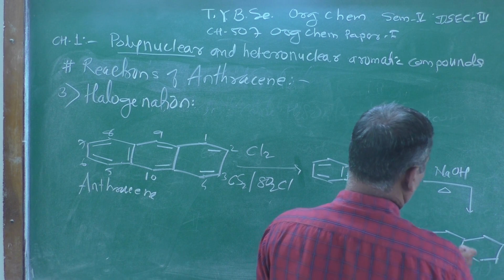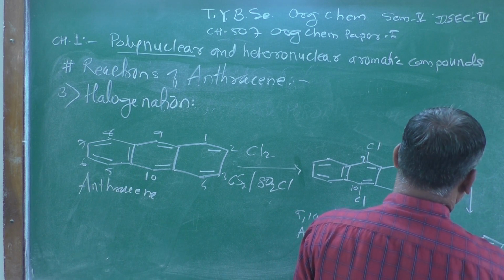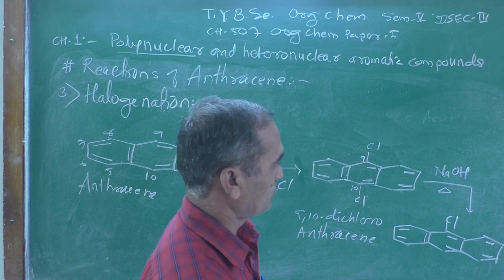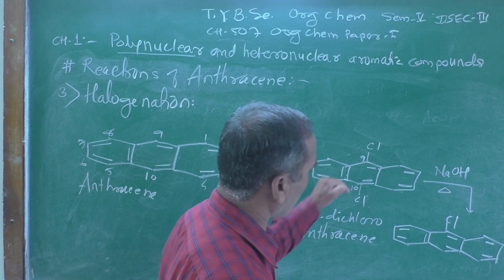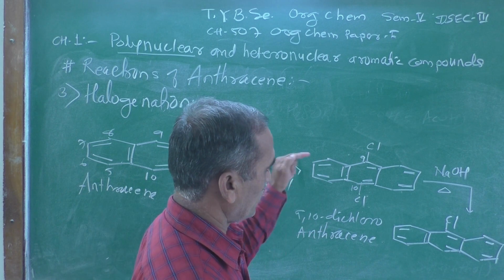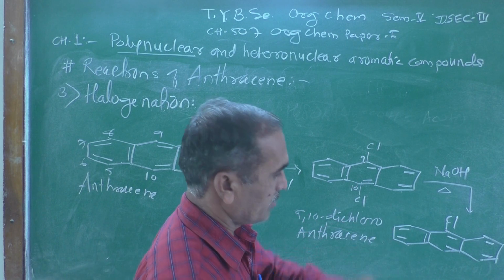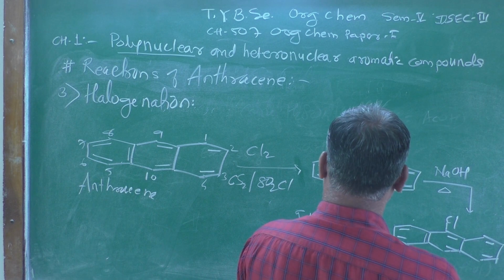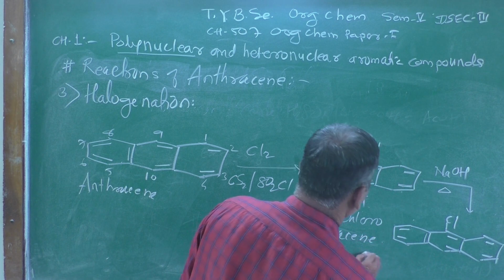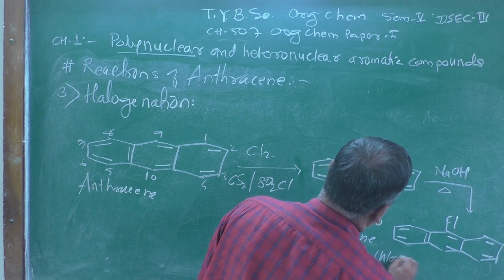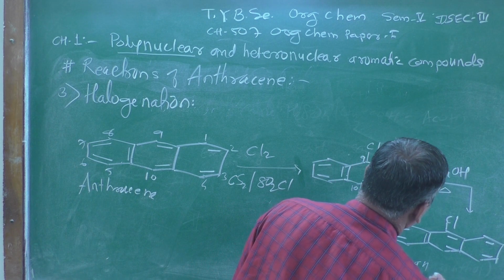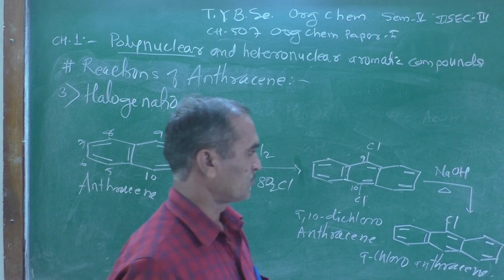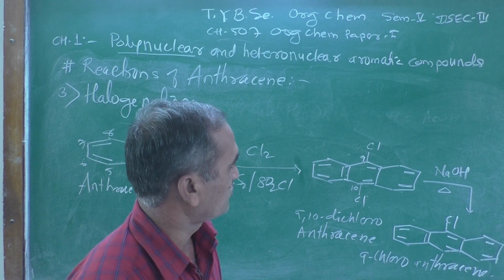One chlorine atom is still there; only one chlorine atom is selectively removed from carbon number 10, and the resulting compound is 9-chloroanthracene.